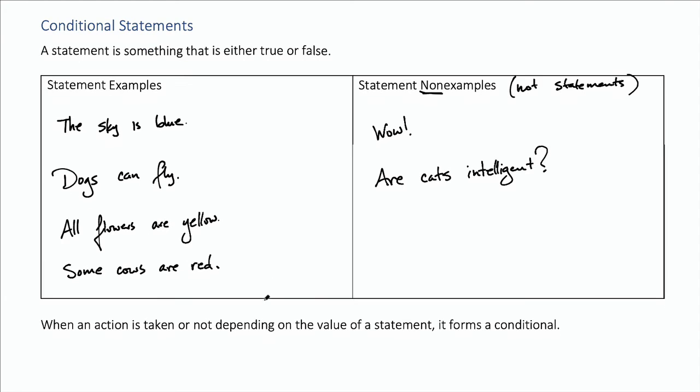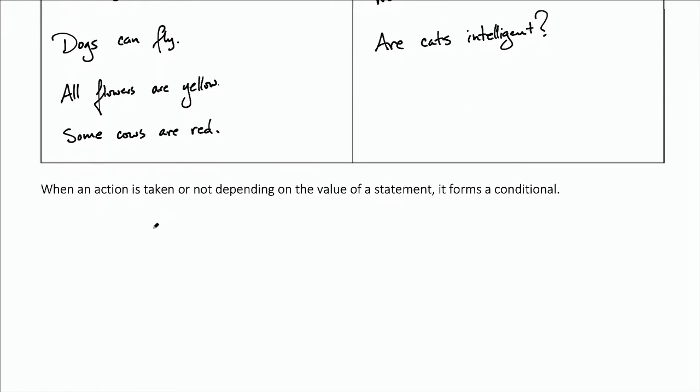Now, with statements, we often will create conditionals. That's when an action is taken or not taken depending on the value of a statement. That would be something like, if the sky is blue, then I am going to eat breakfast today. So it's a statement that's essentially if-then.